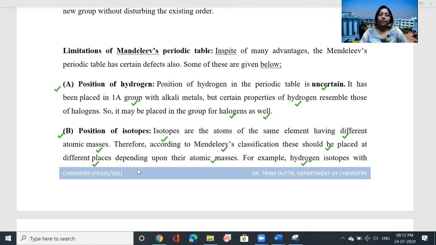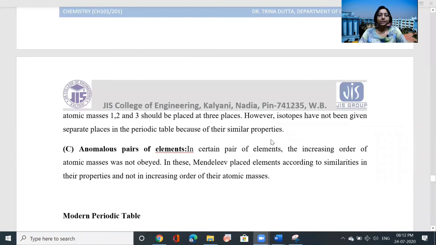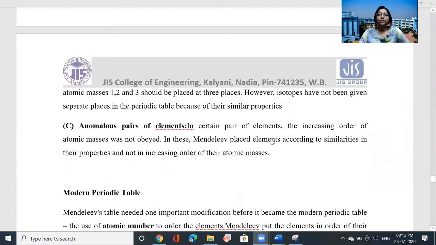For example, hydrogen isotopes with atomic masses 1, 2, 3 should be placed at 3 places. However, isotopes have not been given separate places in the periodic table because of their similar properties.